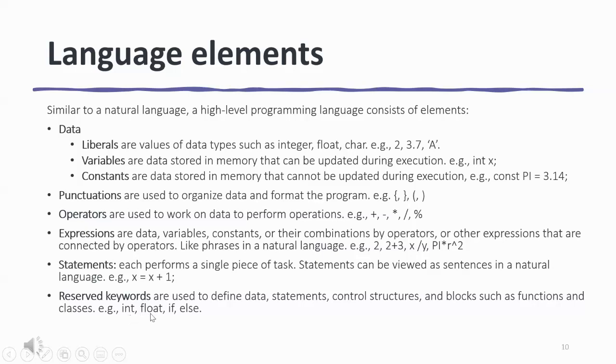Float is used to declare float numbers. If and else are used to define a block of conditional statements. So these are the basic elements a programming language should have.